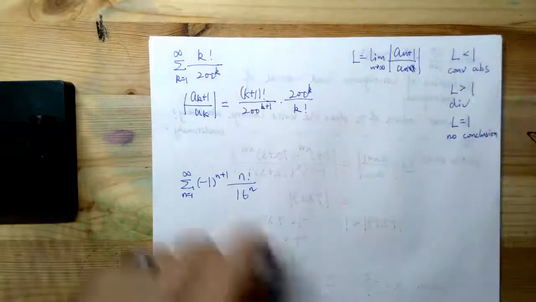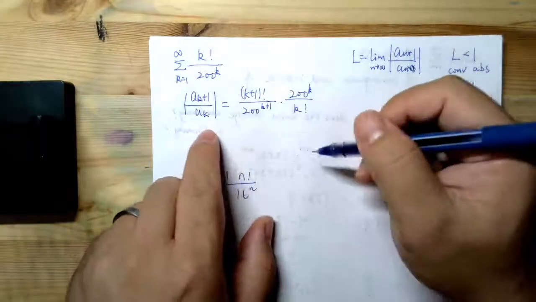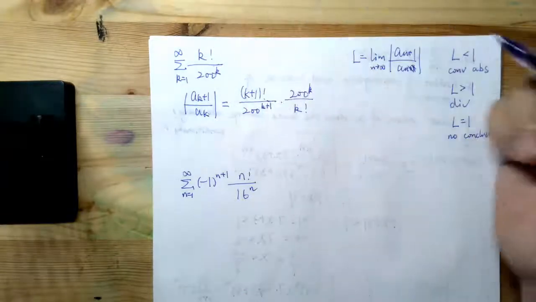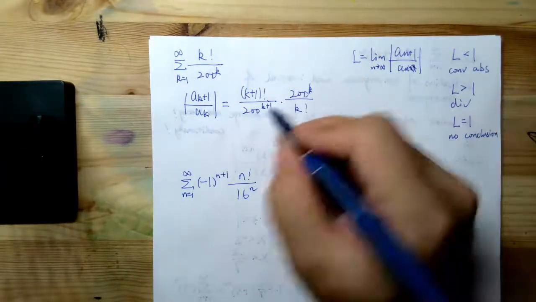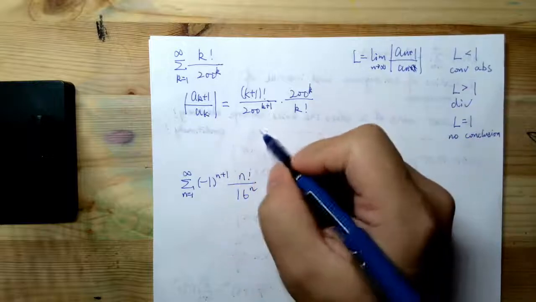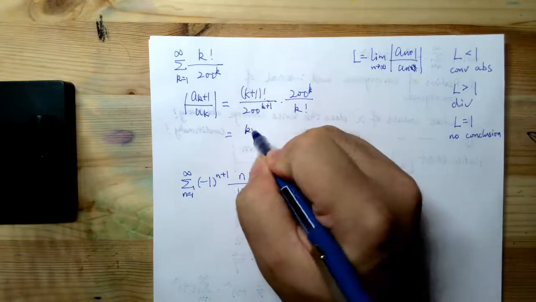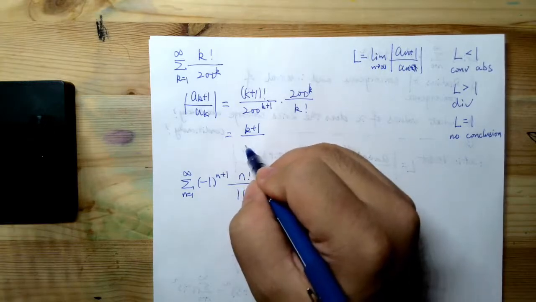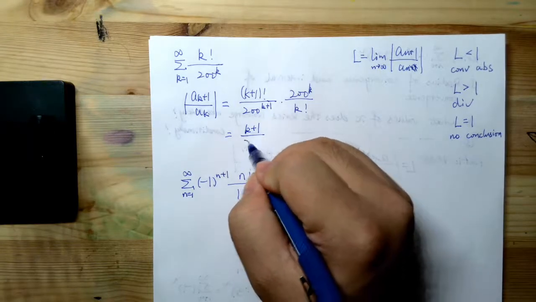I didn't put the absolute value because both terms are positive. In fact, all the terms for this series are positive. After simplification, you will have (k plus 1) over 200.